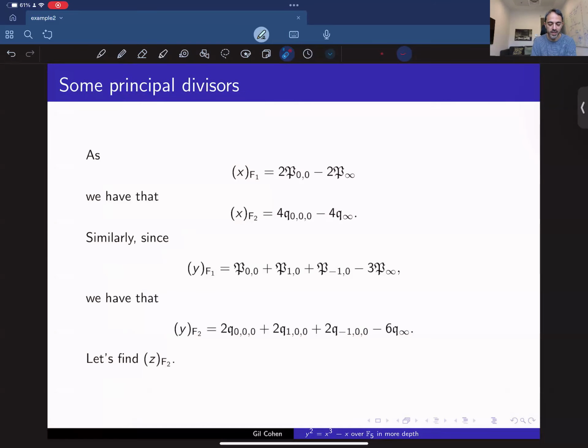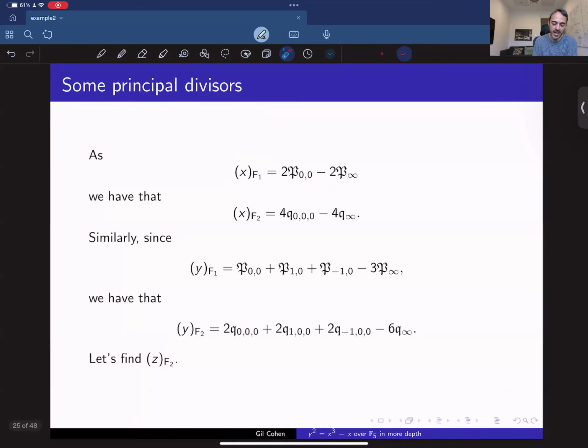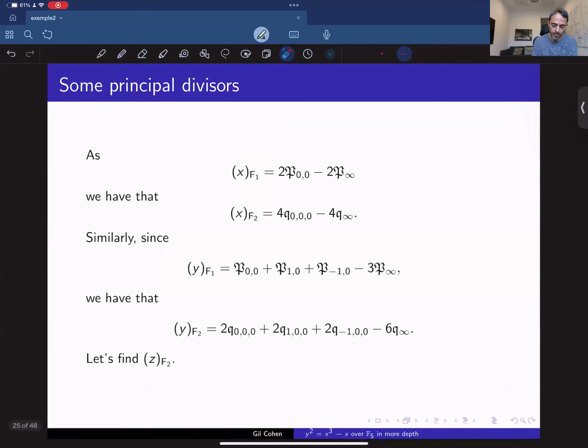So we already know the principal divisor of X in F1. We did it before. It's 2P00 minus 2P infinity, so it has a zero at P00 with multiplicity 2, and a pole at capital P infinity, of course, with multiplicity 2 as well.